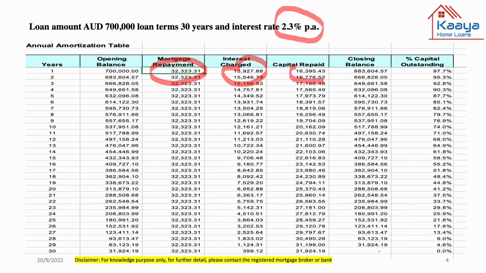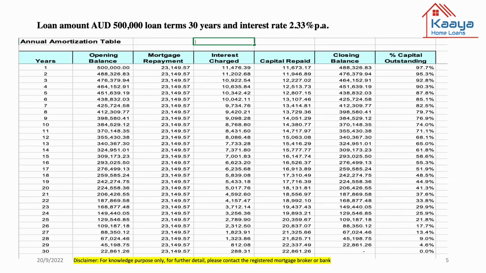The principal we were paying was 17,000 before, and now it has gone down. So the higher the interest rate, the more interest you'll be paying than principal, so your loan amount will go down less than in the previous example.